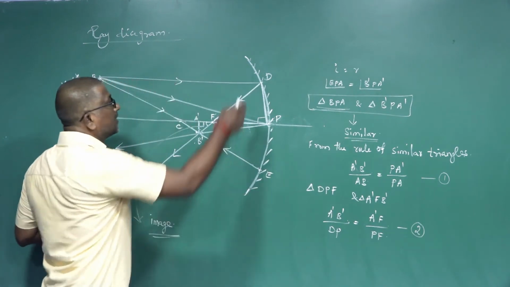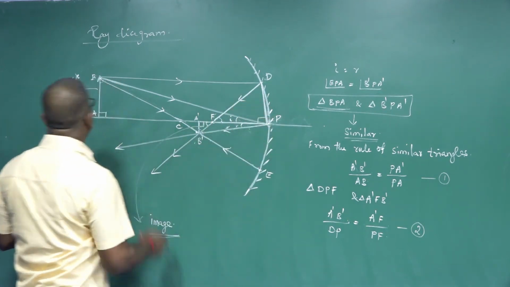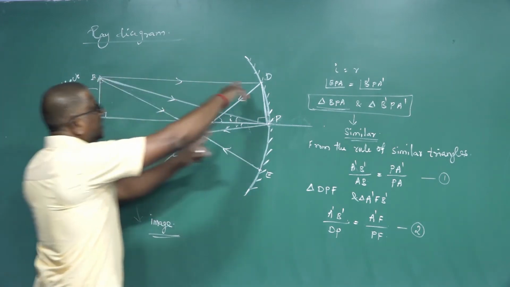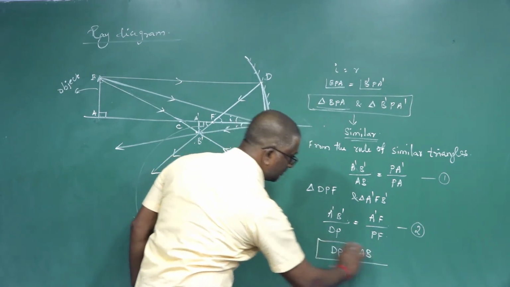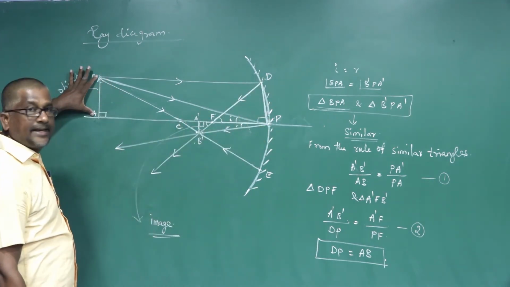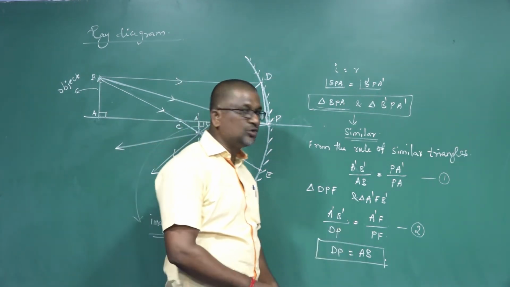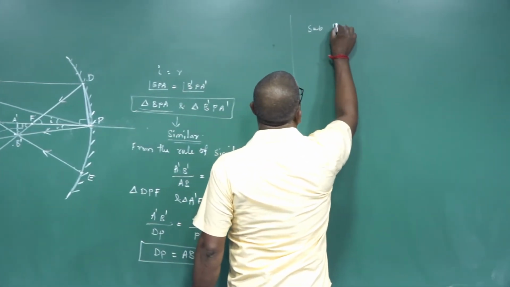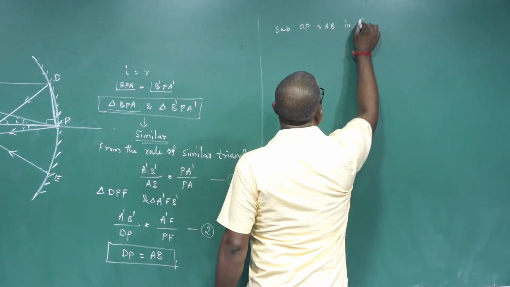Here the side DP in the right angle triangle DPF is equal to the side AB in the right angle triangle BPA. From this ray diagram, DP is equal to AB. Substitute DP equal to AB in equation number 2.